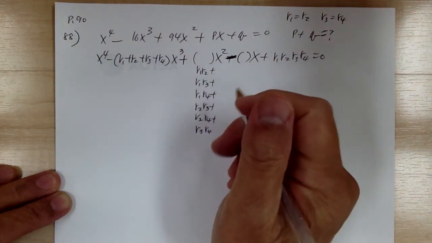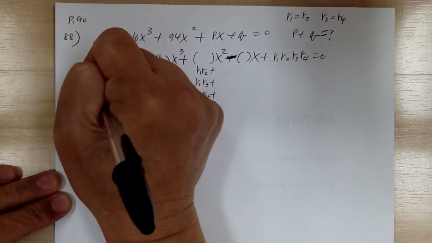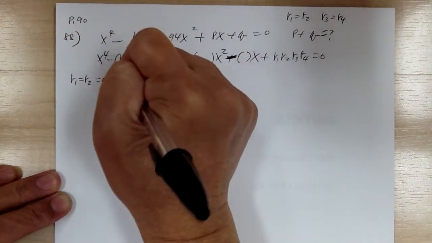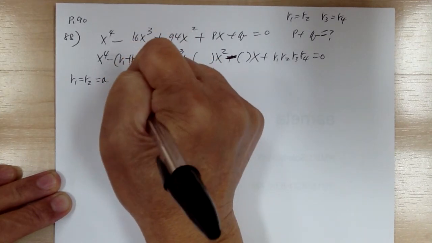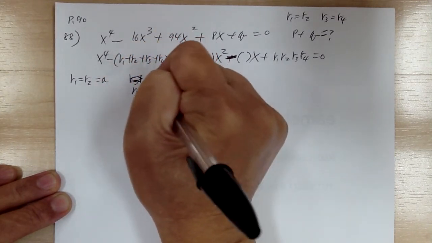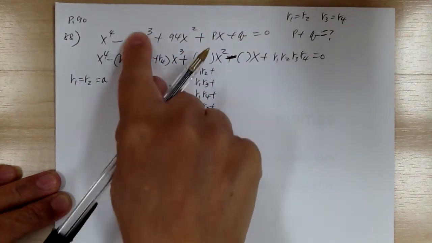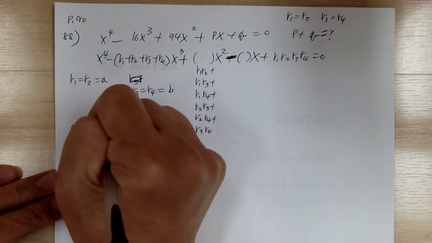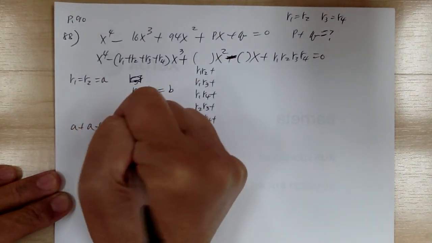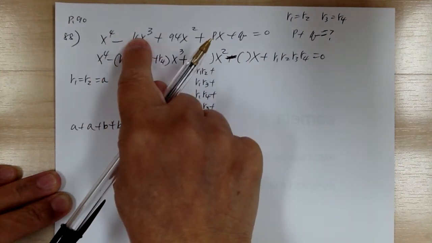Now again, you apply up here, so r1 equal to r2, and that's going to be equal to a. And r3 equal to r4, that's going to be equal to b. By doing this matching, you're going to have a plus b equal to 16, so the negative matches with negative and this matches with the 16.